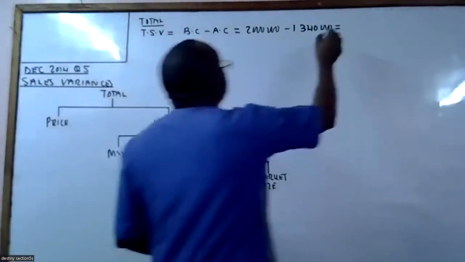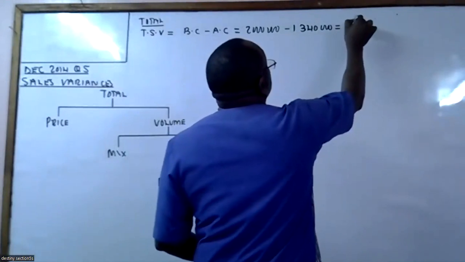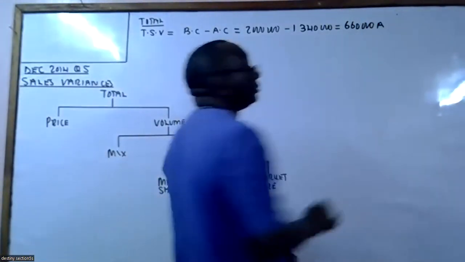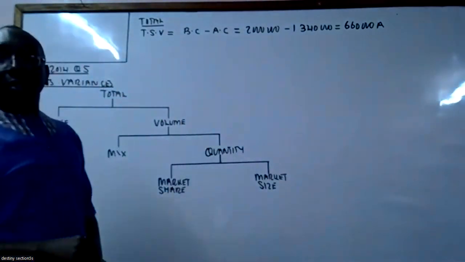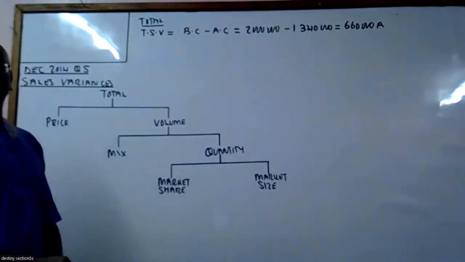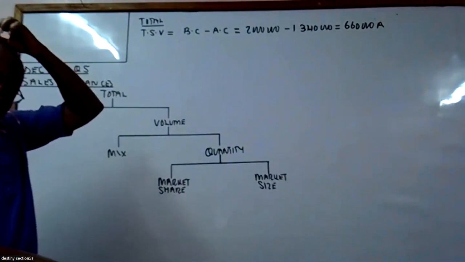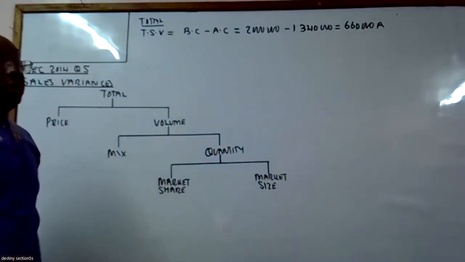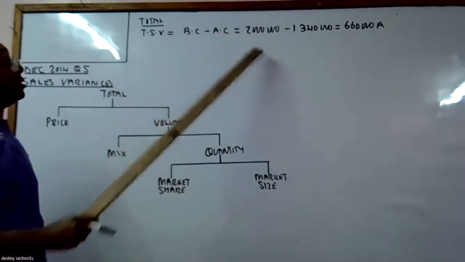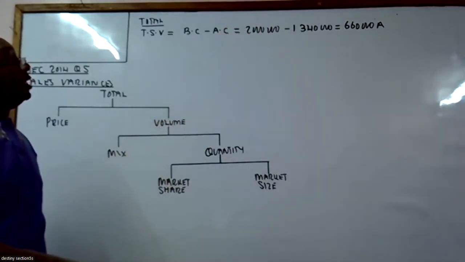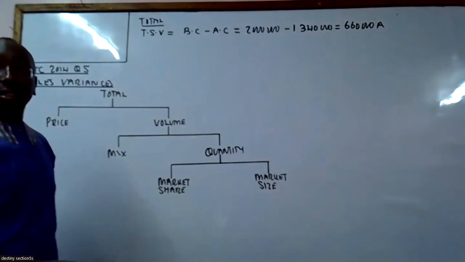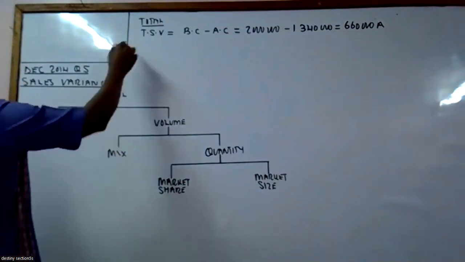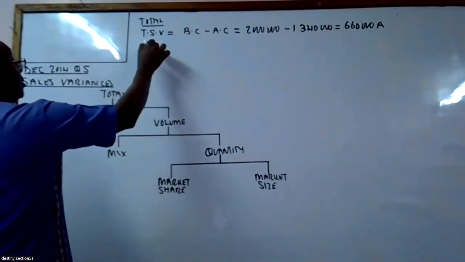The difference is 660,000. And this is adverse. It's adverse because we got something less. We thought we could make a contribution of 2 million, but we only made 1.3. So that is poor. Then the price.